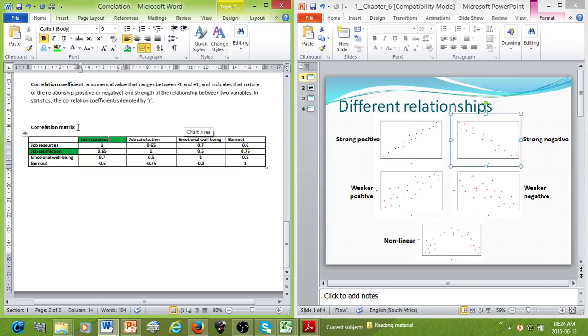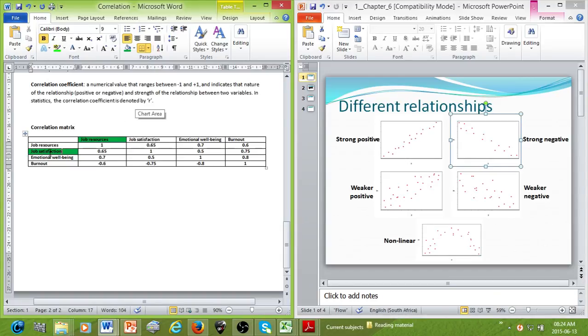The correlation matrix will indicate the correlation coefficients that exist between all of our variables of interest. So let's say that we want to look at the correlation coefficient between job satisfaction and job resources.